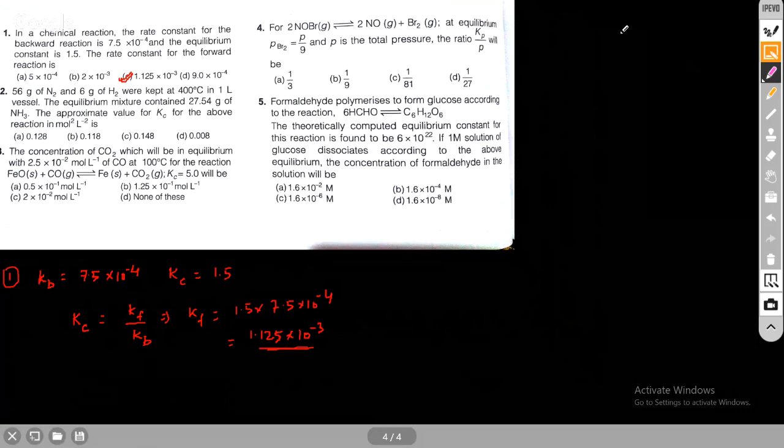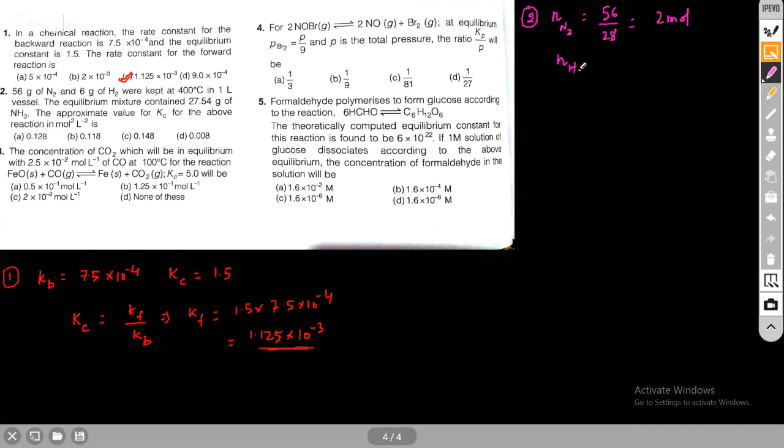Okay, see. First of all, we have moles of N2. That will be 56 divided by 28, 2 moles. And the moles of H2 will be 6 divided by 2, 3 moles.